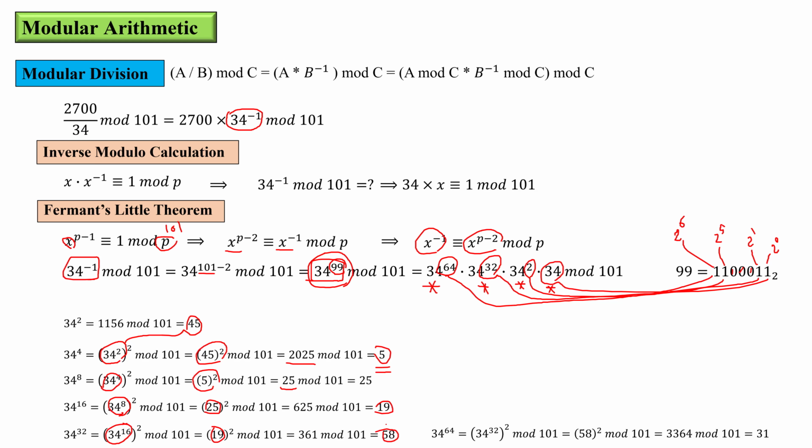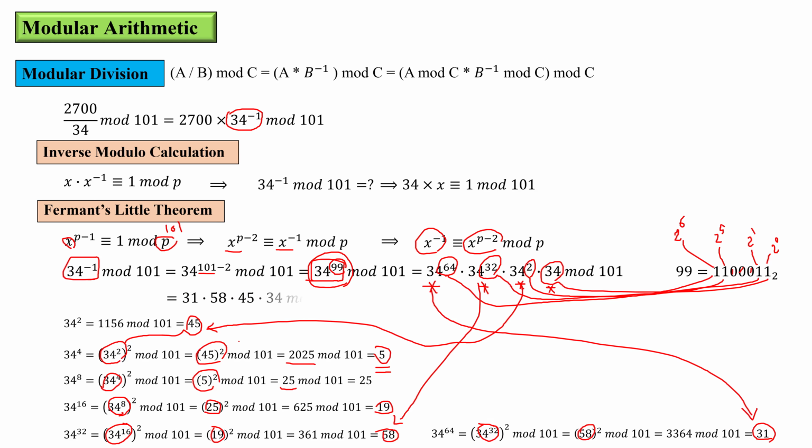And finally, 34 to the power of 64 equals 34 to the power of 32 and then to the power of 2. From the previous step, it equals 58, and then to the power of 2, and mod 101 equals 31. So now we computed 34 to the power of 64 here, 34 to the power of 32 here, and 34 to the power of 2 here.